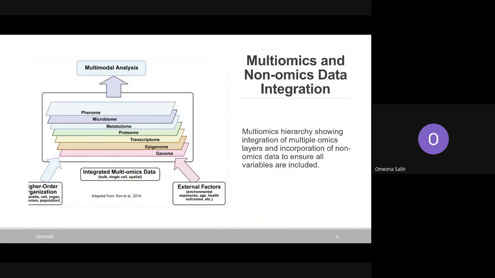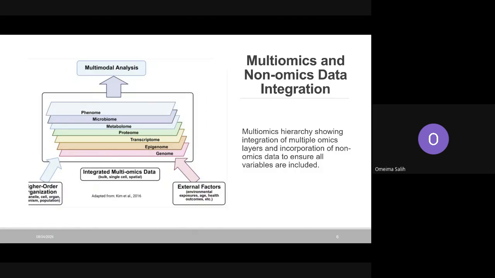So when you design a study for multiomics, definitely you need to consider other non-omic data. When we say non-omic data, that means other environmental exposure factors, other demographic data like age, economic parameters, dimensions, and so on.